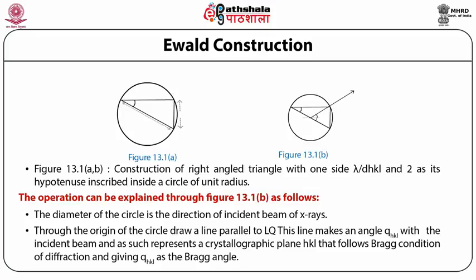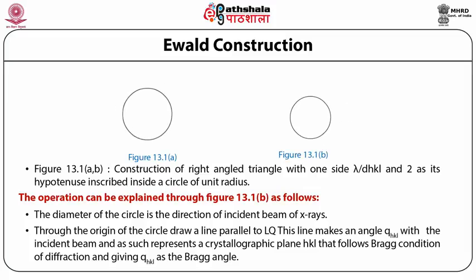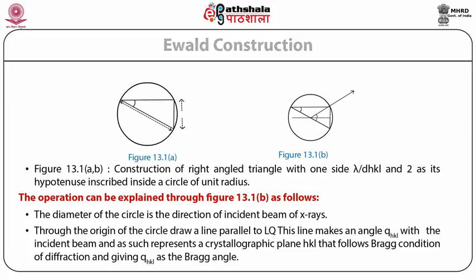Through the origin of the circle, draw a line parallel to LQ. This line makes an angle theta HKL with the incident beam, and as such it represents a crystallographic plane HKL that follows the Bragg condition of diffraction, giving theta HKL as the Bragg angle.